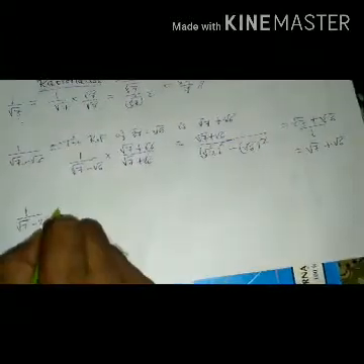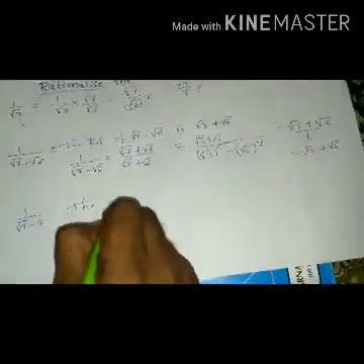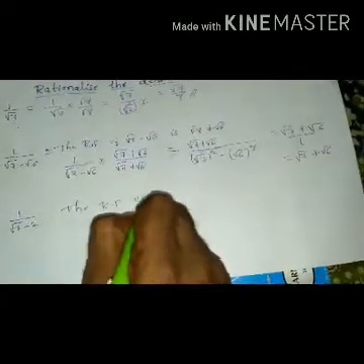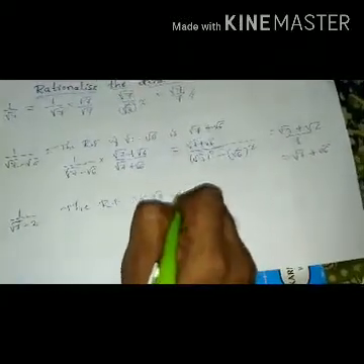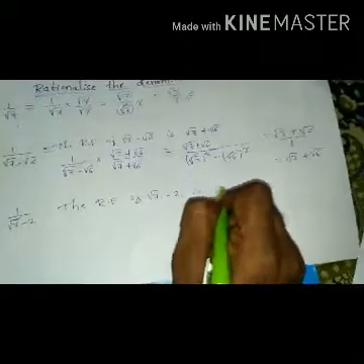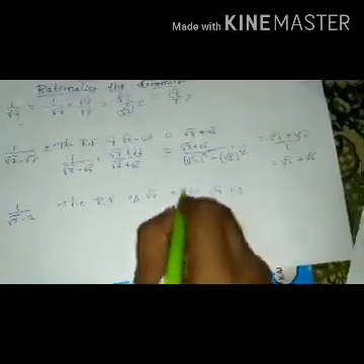So in the third example, the rationalizing factor, or RF, of the denominator root 7 minus 2 is root 7 plus 2. Just the opposite sign, change the sign. See here, 1 by root 7 minus 2 into its rationalizing factor, root 7 plus 2 divided by root 7 plus 2, which is equal to numerator into numerator, root 7 plus 2 into 1 is root 7 plus 2, divided by a plus b into a minus b.